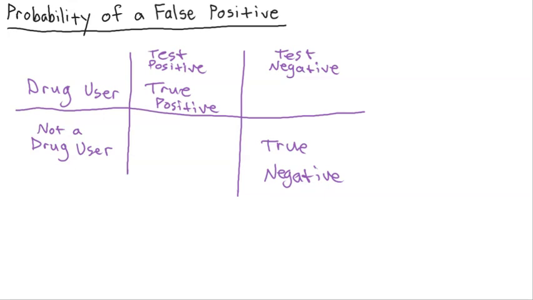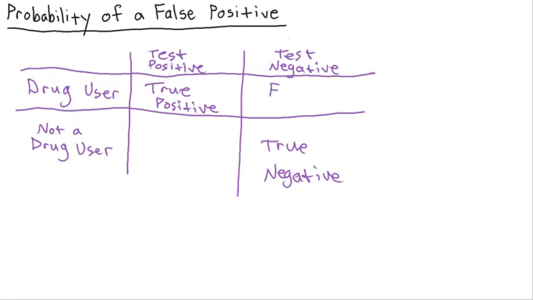Hopefully when there's a drug test, it is identifying drug users correctly and identifying non-drug users correctly. But every once in a while, you'll have somebody identified in this area right here. They are a drug user, but they test negative. They test as not a drug user, but they actually are a drug user.